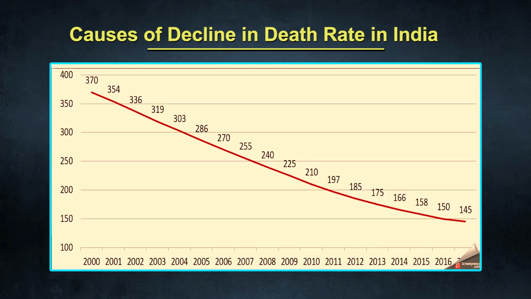And this maternal mortality rate in our country decreased from 370 in the year 2000 to 145 in the year 2017. This huge reduction of the maternal mortality rate is also a good sign for our country, and side by side it also caused the decline in the overall death rate in India.